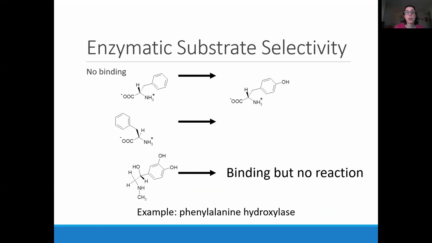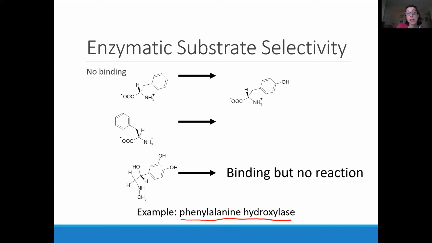So again, enzymes we know have very specific substrate selectivity. Here's an example where we're looking at 3 different compounds that have the ability to go into an enzyme, which is phenylalanine hydroxylase. And you can see these compounds have similar structure, but the only specific structure here that will bind to phenylalanine hydroxylase will actually make product.